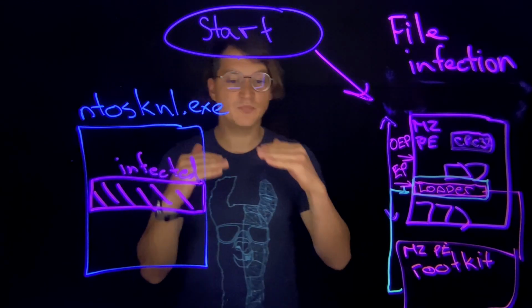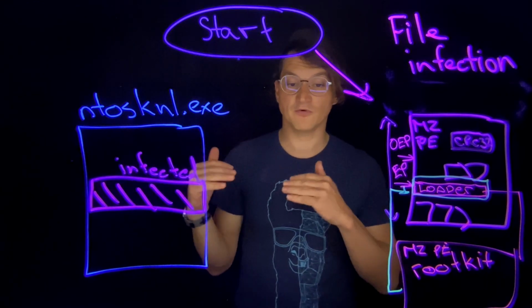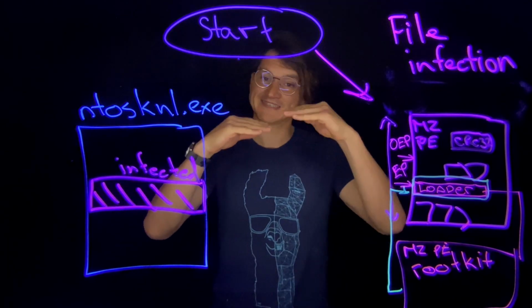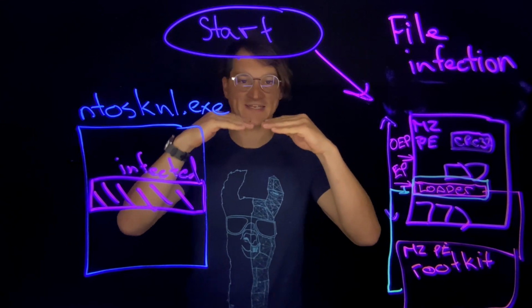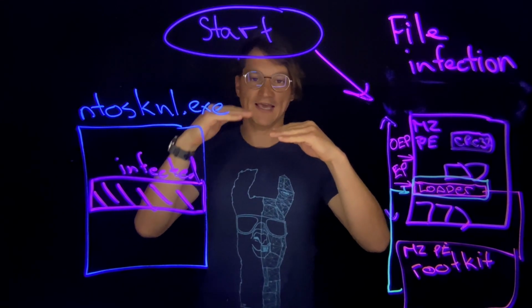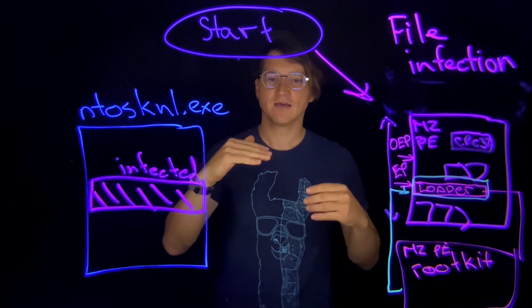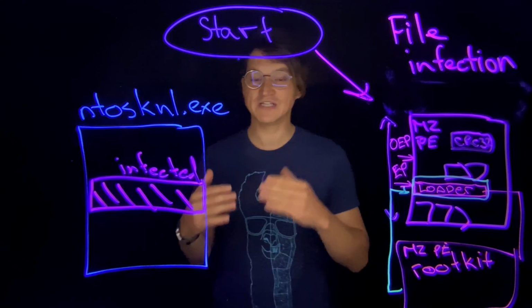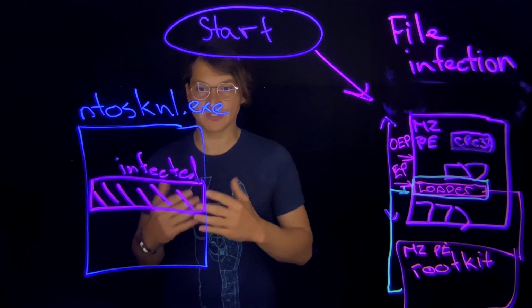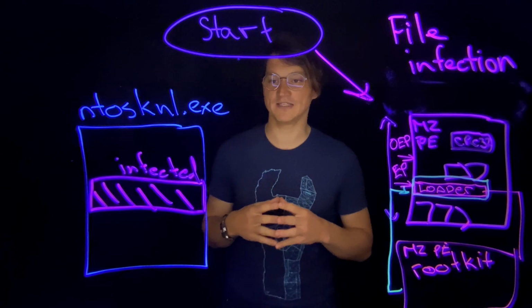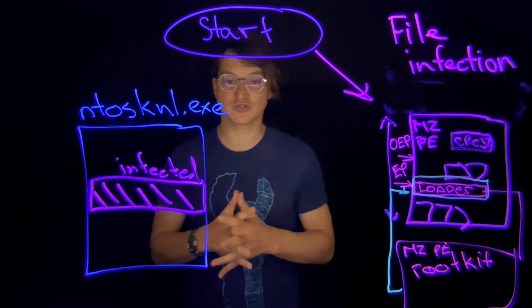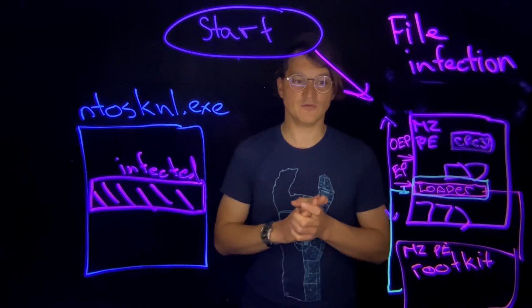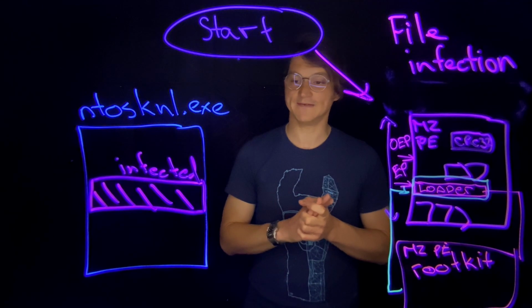It would be very important for a rootkit to be loaded before the antivirus solution. If the rootkit is loaded as a driver, it means it's competing with the antivirus solution, and potentially the antivirus will be loaded before and will detect the rootkit and remove it. By infecting the Windows kernel, the rootkit guarantees that it will be loaded before the antivirus solution and can hide all its components from it. It can also disrupt the antivirus solution load at all, so the antivirus solution is not loaded. In both cases, the CRC would need to be recalculated and fixed, otherwise neither the kernel nor the driver will be loaded.